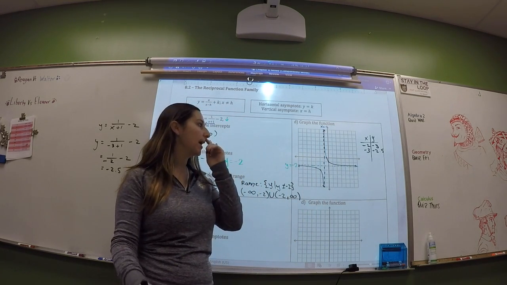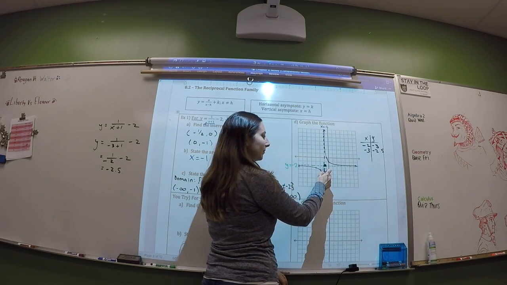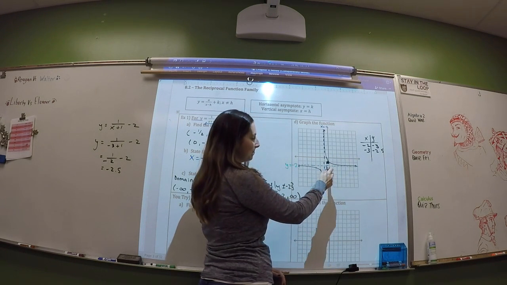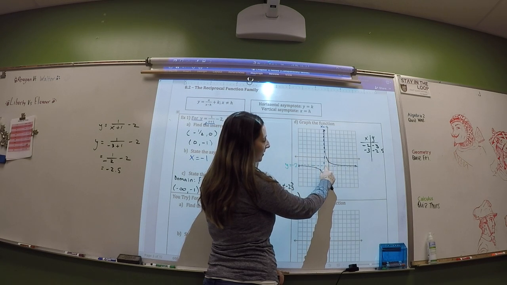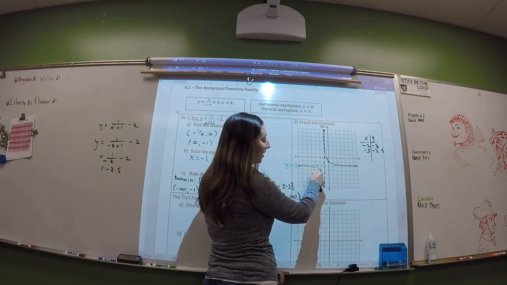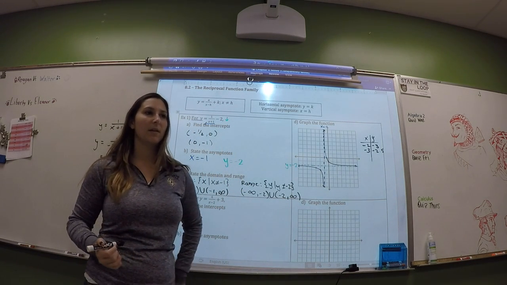There's symmetry in the sense that the distance this point is from here is the same distance as this one is from here, and same with these. This point over here is to the right 1/2 and up 2, and this one's the inverse of that. It's to the left 2 and down 1/2.